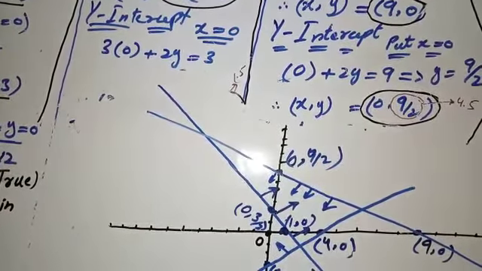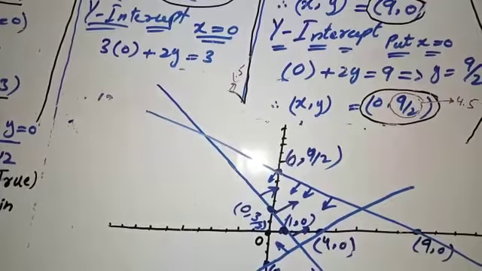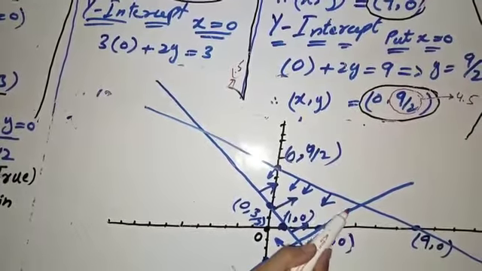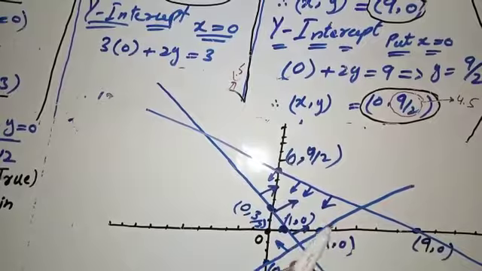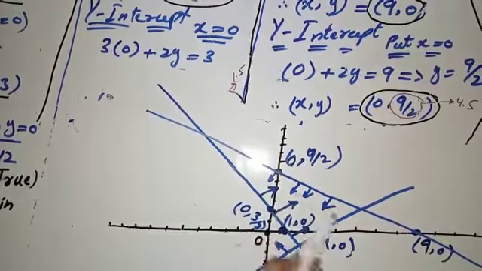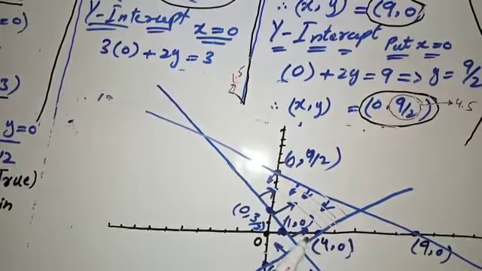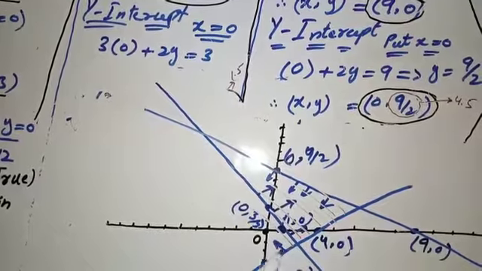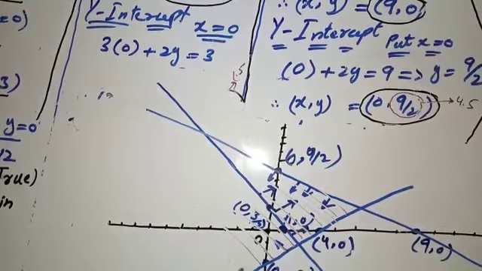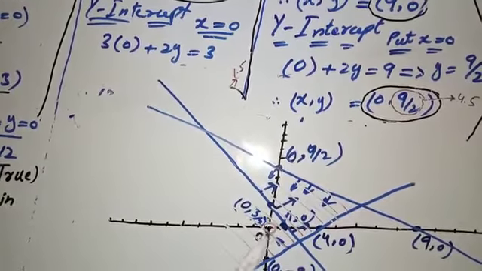Now shade the area. For the first linear inequality expression, this one, the graph is towards the origin, in this side. This one is the origin.